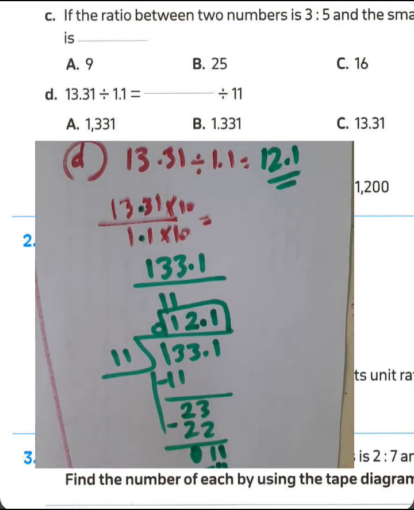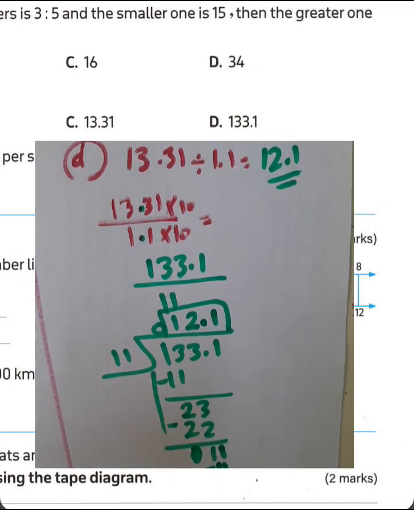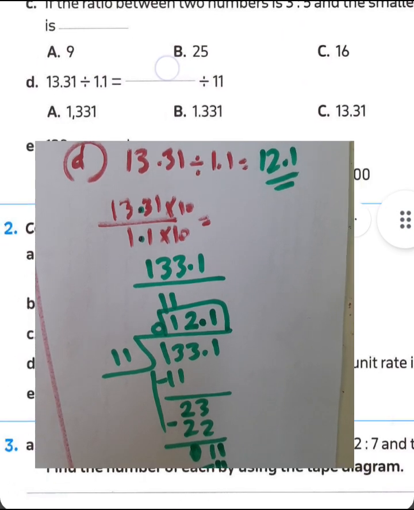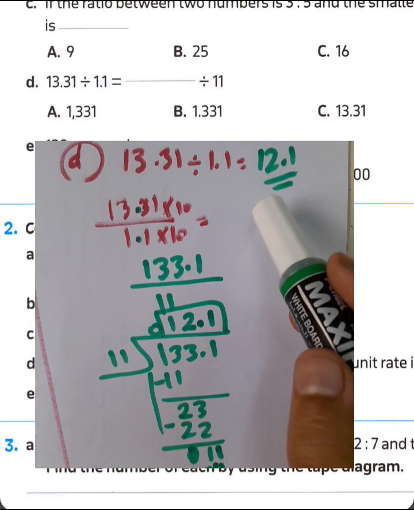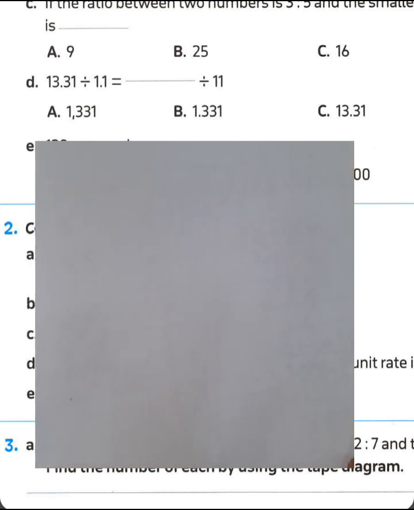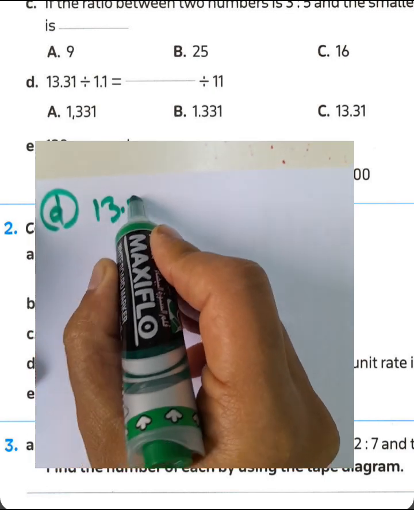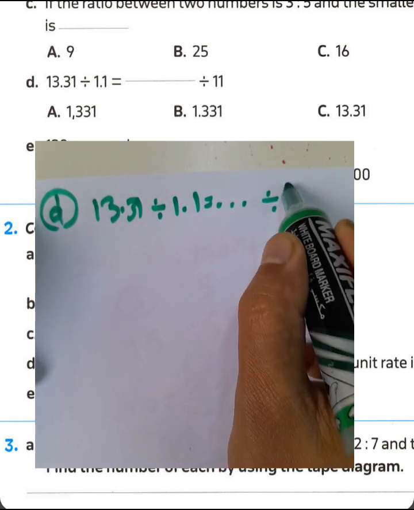About question letter D, choose here. What does he want to find? He wants to find space divided by 11. If you want to find the result, it will be 12.1. But in this example, he asked for space divided by 11. Here, he gives us 13.31 divided by 1.1 equals space divided by 11.